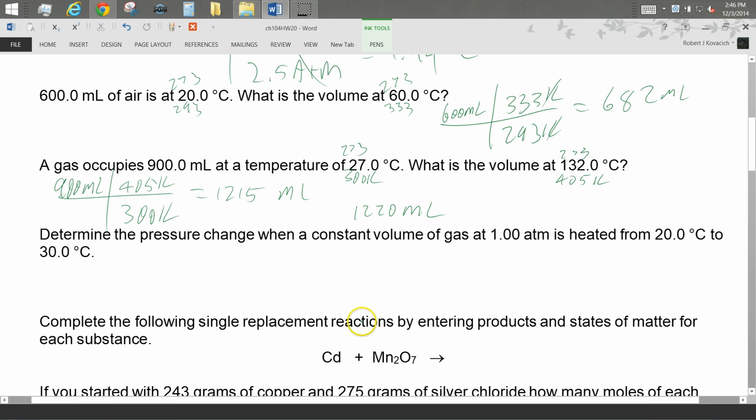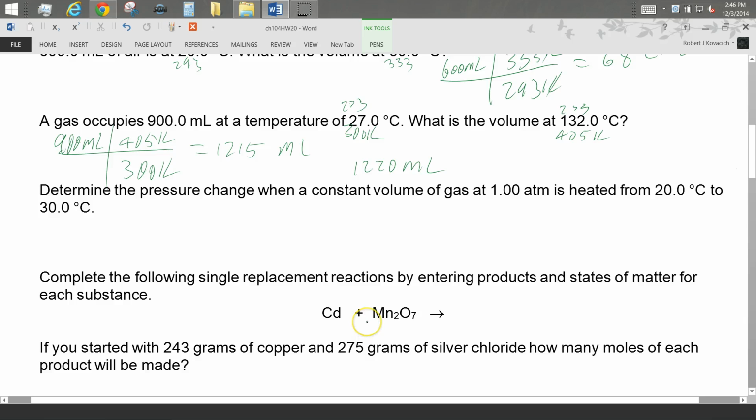Is this the same problem? No, that one's pressure. Oh, we're looking for pressure here. Yep. Okay, so this one's Gay-Lussac, and we heated it up. So what's going to happen to the pressure? It's going to go up. 273, so 293, and then this is 303.